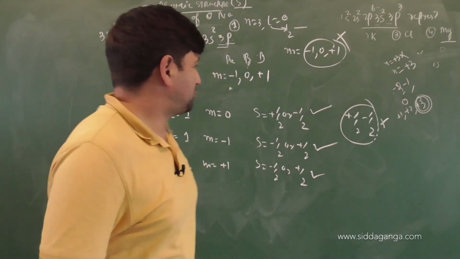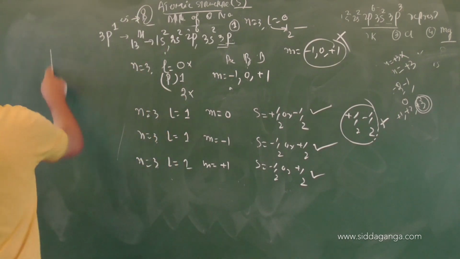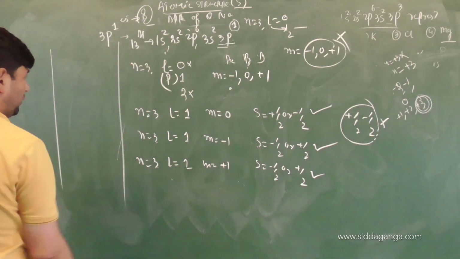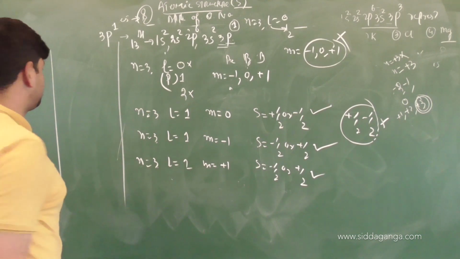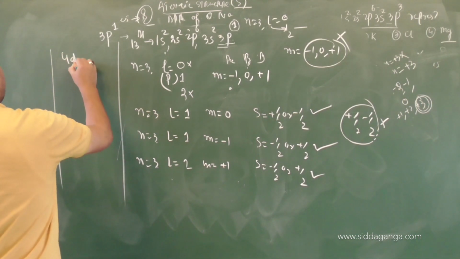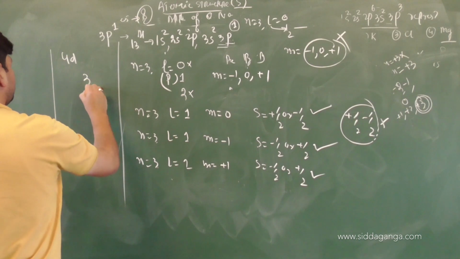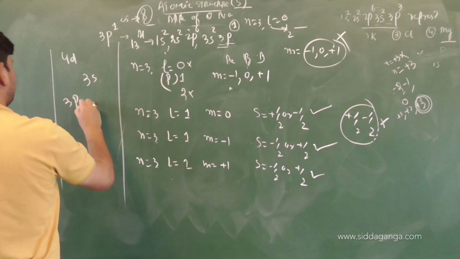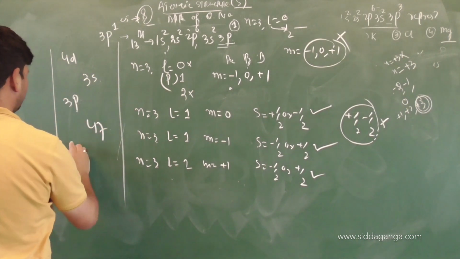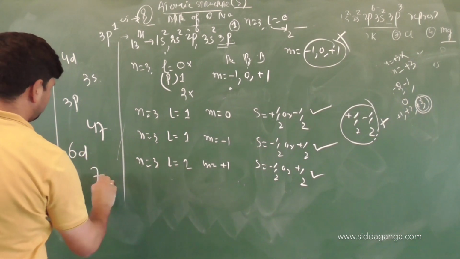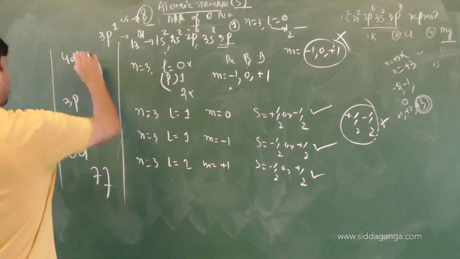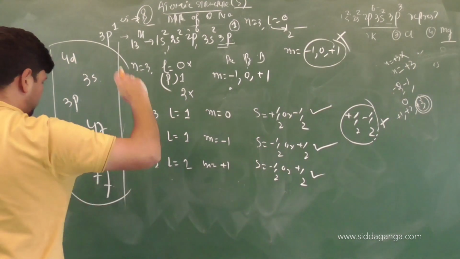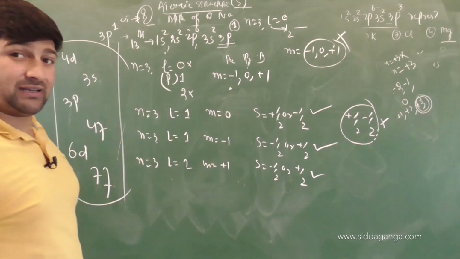Am I clear here? So for your homework, children, you can write down the permitted quantum numbers for the following: 4d, I'm talking about one electron only, 3s, then you have 3p, then 4f, then 6d, then 7f. For all these, you will write quantum numbers available as well as permitted.